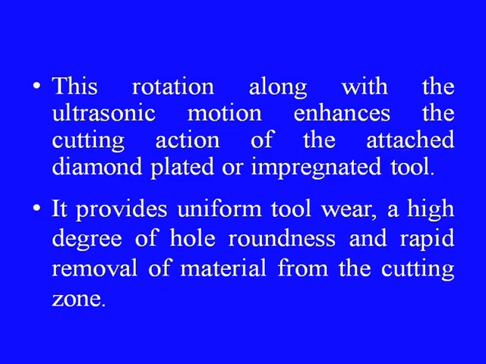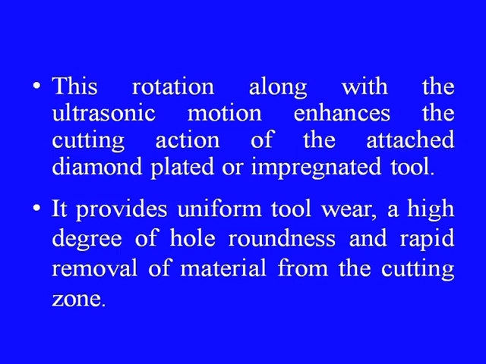This is the advantage of rotary ultrasonic machines. The spindle speed used is variable and can be anywhere between 0 and 8000 RPM. This rotation along with the ultrasonic motion enhances the cutting action of the attached diamond plated or impregnated tool.